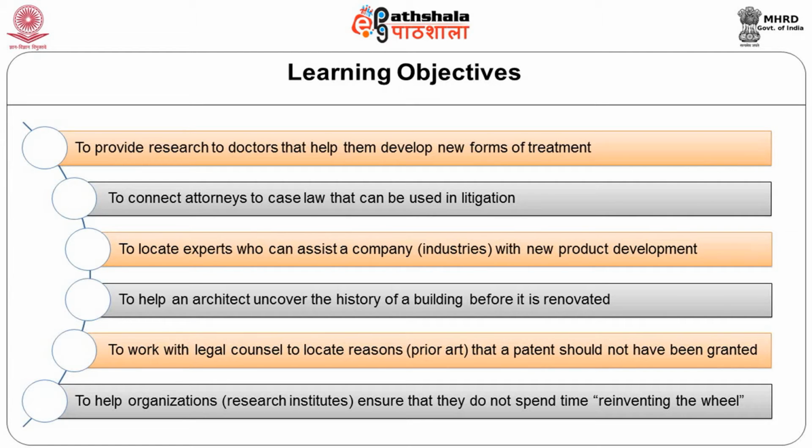Objectives of special libraries: the main objectives are to provide research to doctors that helps them develop new forms of treatment, to connect attorneys to case law that can be used in litigation, to locate experts who can assist a company with new product development, to help an architect uncover the history of a building before it is renovated, to work with legal counsel to locate reasons that a patent should not have been granted, and to help organizations ensure that they do not spend time reinventing the wheel.